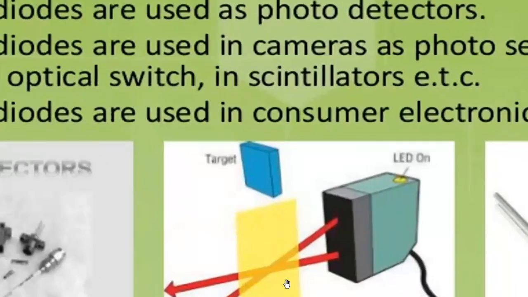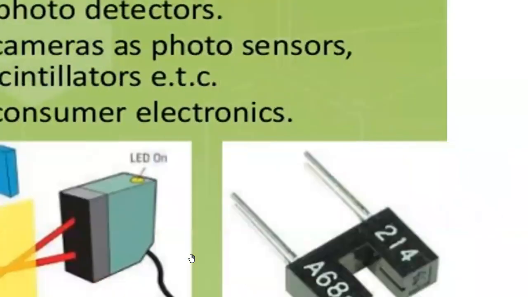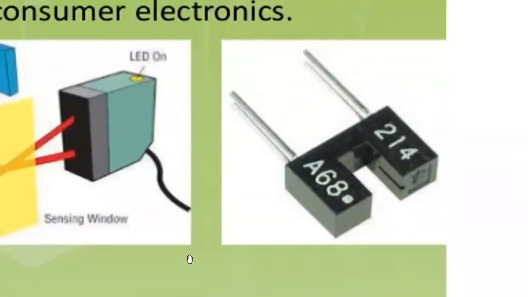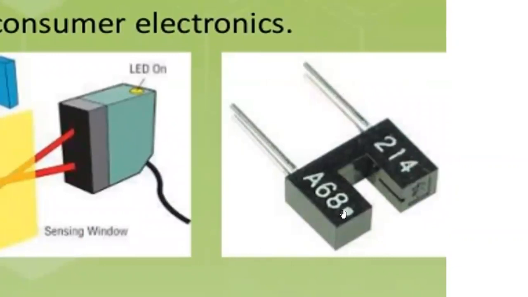This is one of the sensors. One terminal is going to emit light, and the other terminal is going to receive the light. Here there will be a LED, which emits light, and a photodiode, which senses the light.